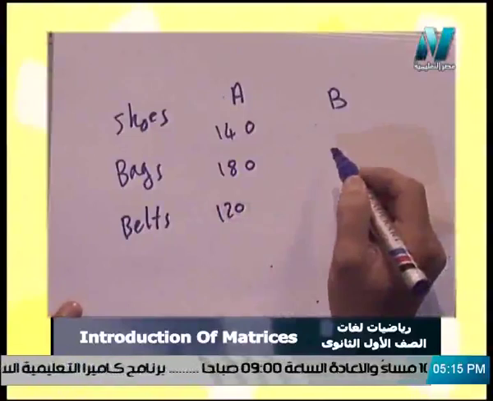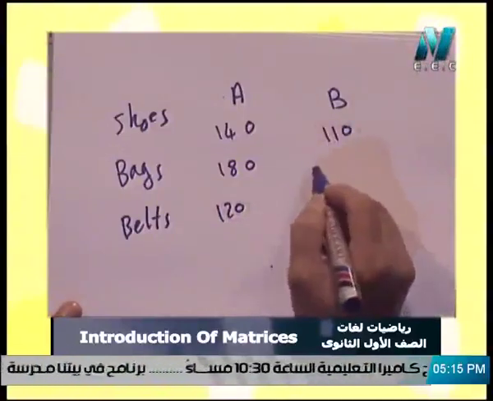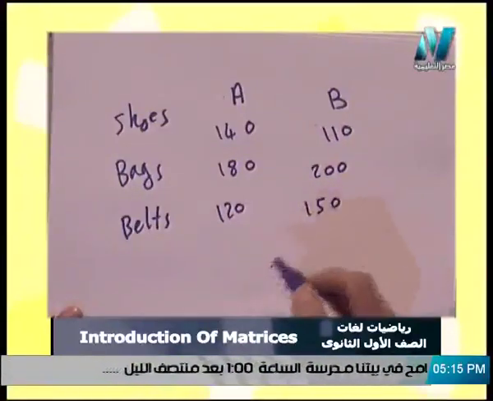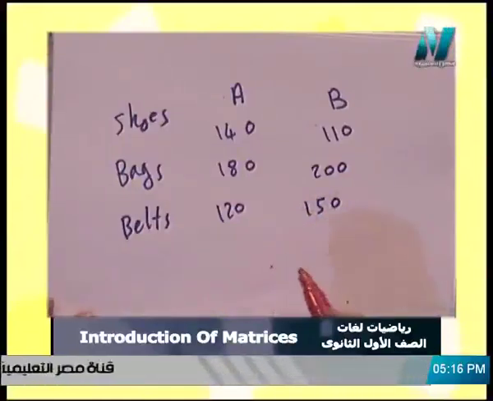Branch B produces 110 shoes, 200 bags, and 150 belts. So it's another way to express this data.